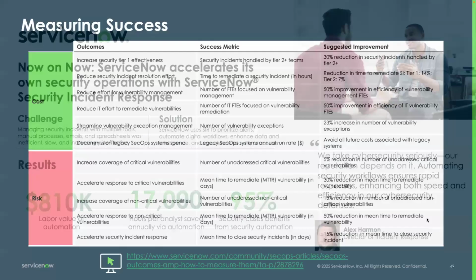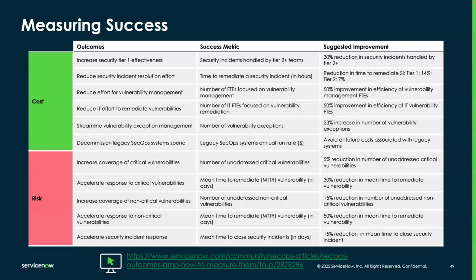Now getting to those results, of course, depends on setting your vision and setting your outcomes. So it's a really key first step in your implementation. These are just some of the examples of the types of outcomes that you may choose to focus on and prioritize in different phases of your implementation.